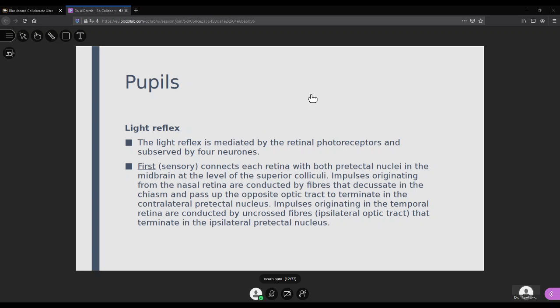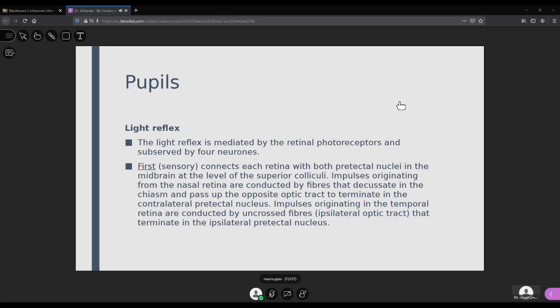Now the pupils. It is very important to know about the light reflex. The light reflex is mediated by the retinal photoreceptors and subserved by four neurons. The first, sensory, connects each retina with both pretectal nuclei in the midbrain at the level of the superior colliculi.